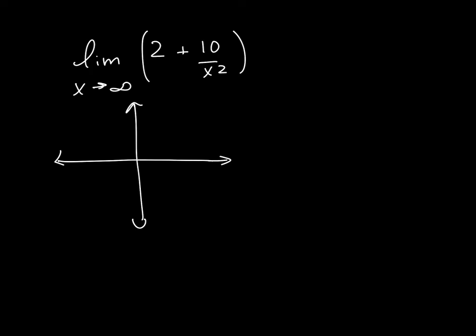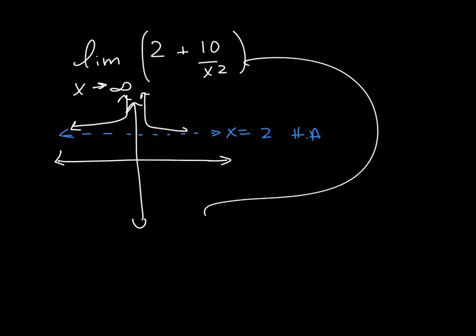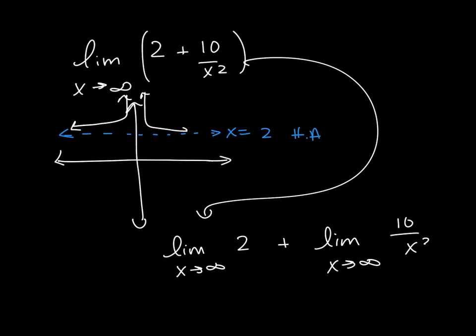All right, this is going to have an asymptote at 2. And I'm going to talk about the general rules for those asymptotes in a minute. So this has an asymptote of 2, and the graph itself looks like this. Now, if we go back to our limit laws, I can take this and break it up. This is the limit as x approaches infinity of 2 plus the limit as x approaches infinity of 10 over x squared.